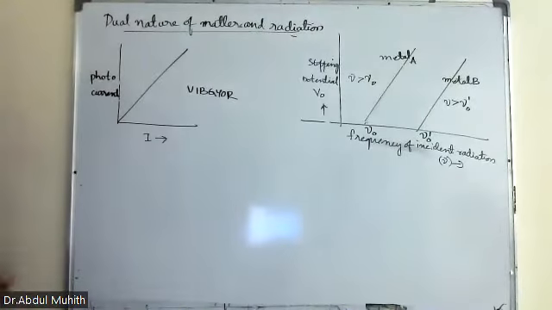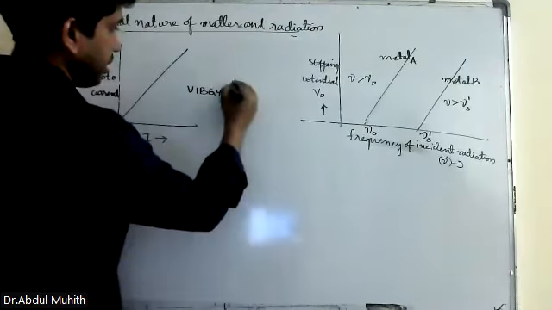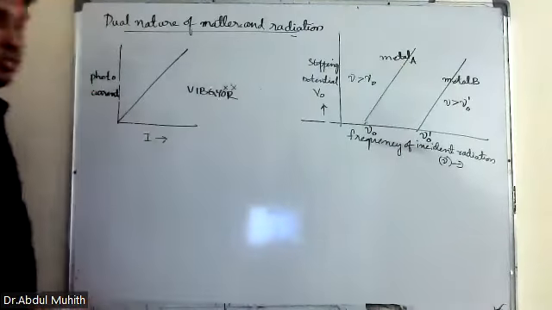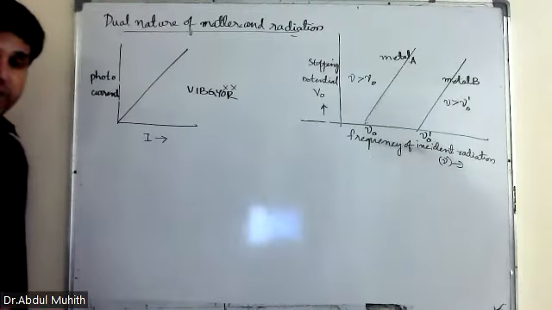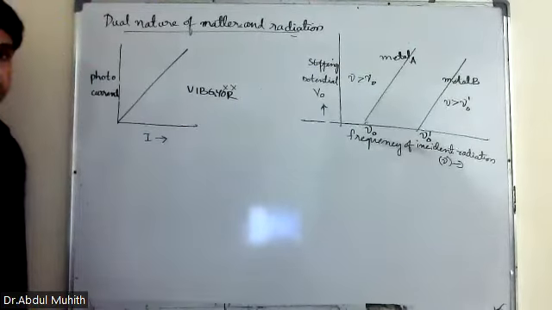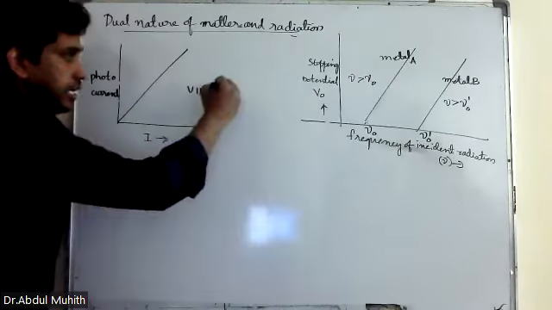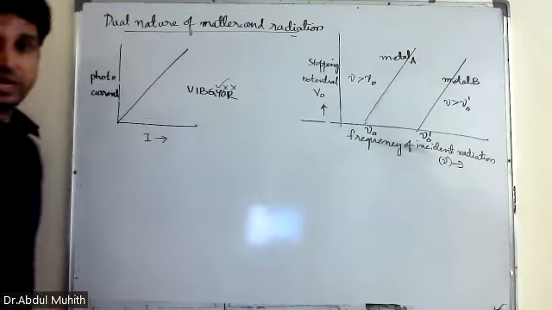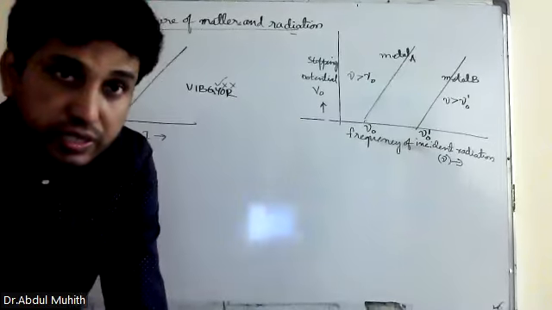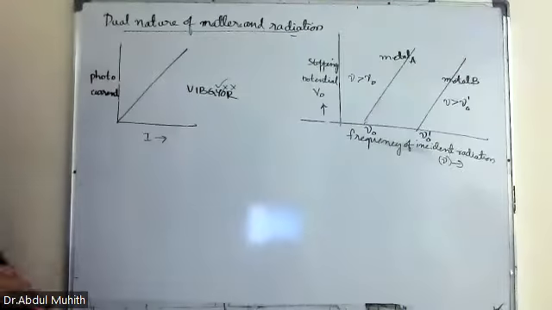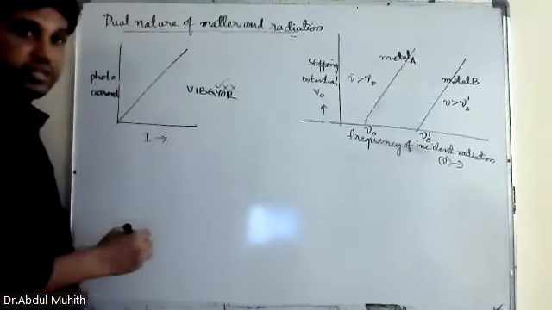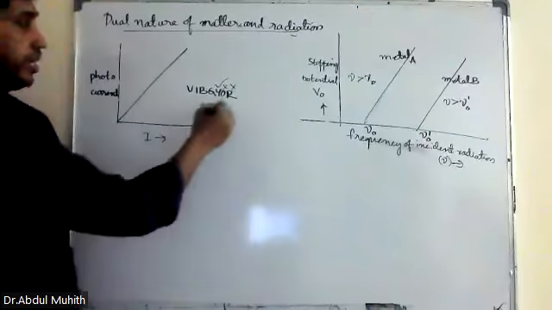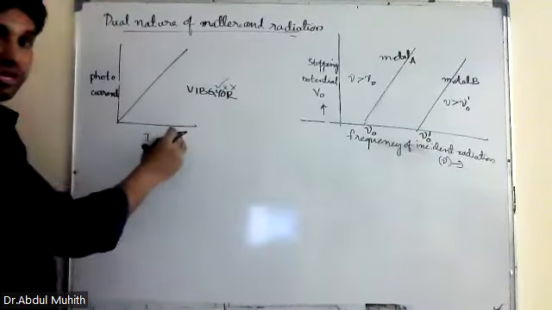As I told you, suppose for red color light or orange color light, as the intensity is increasing, nothing is going to happen. Even if you increase the intensity of radiation, no photoelectrons are emitted.